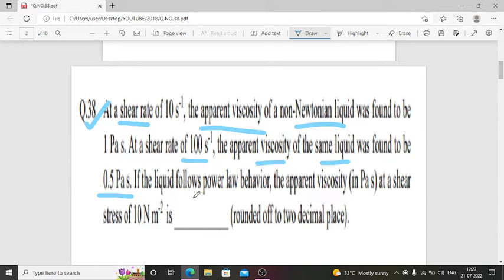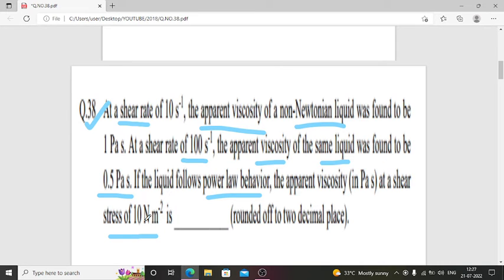If the liquid follows power law behavior, the apparent viscosity in Pascal second at a shear stress of 10 Newton per meter square, or 10 Newton meter power minus 2, is dash. This is the question.